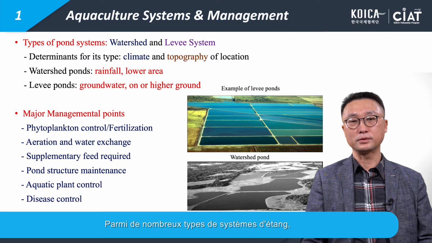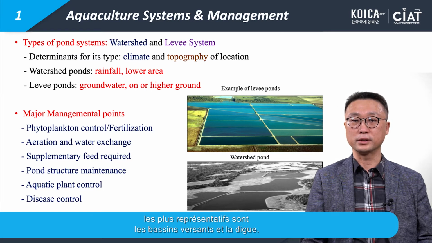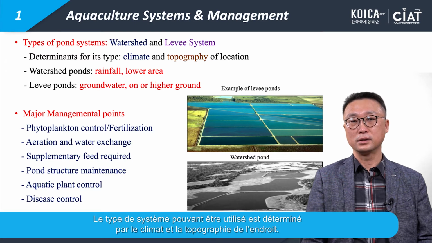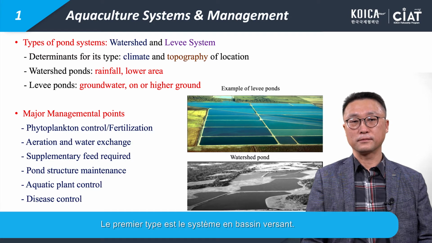There are many different types of pond systems, but mainly watershed and levee systems are the representative ones. What kind of system can be used is determined by the climate and the topography of the location where the ponds are. The first one is the watershed pond, which means the pond is located under ground level.